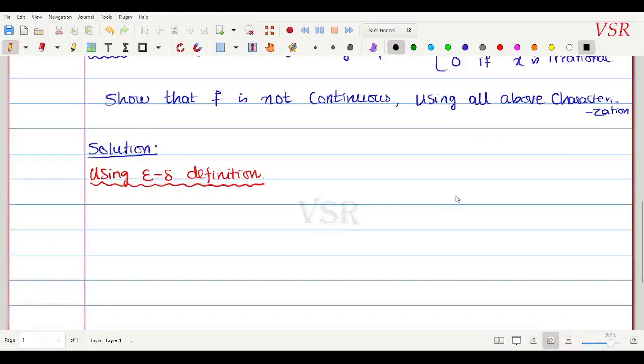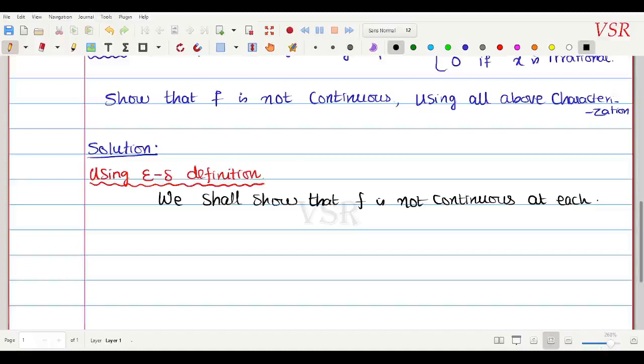We shall show that f is not continuous at each x belongs to R. நீங்க எந்த பாயிண்ட் கொடுத்தாலும் அதுல கண்டினியூஸ் இல்லைங்க அப்படின்னு சொல்ல போறேன்.